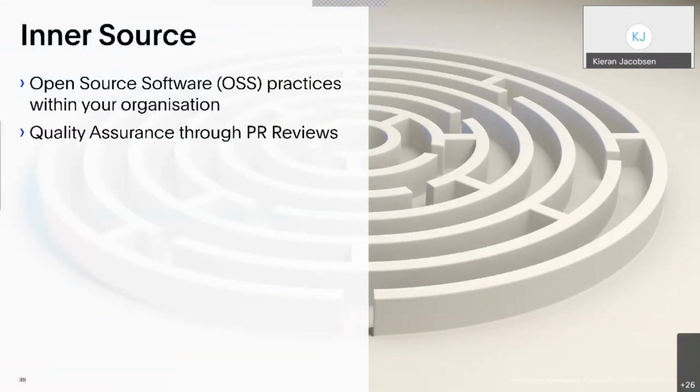Inner source is where you basically use open source software development techniques and practices to establish that open source culture, but within your organization. With this, my team, the DevSecOps team, would take the role of maintainers for the project, and then the rest of Telstra Purple would be contributors.